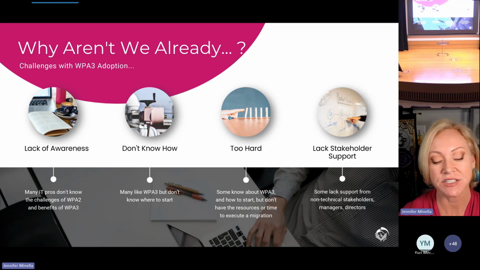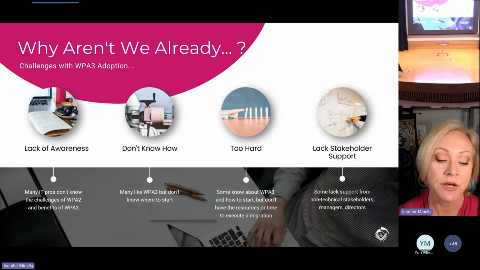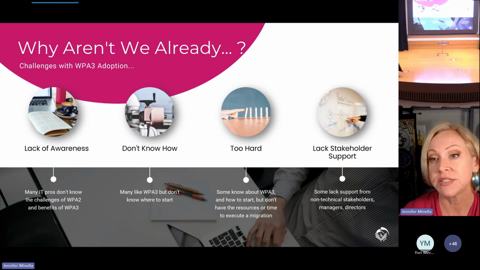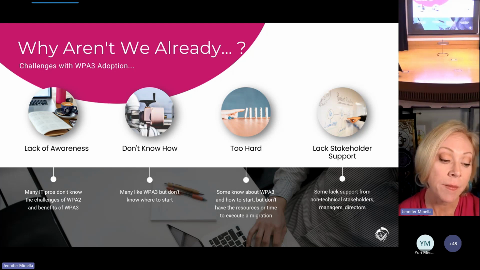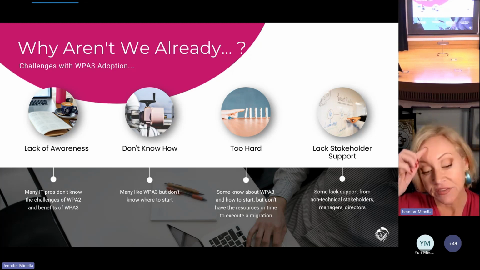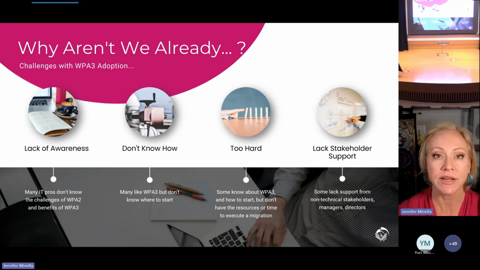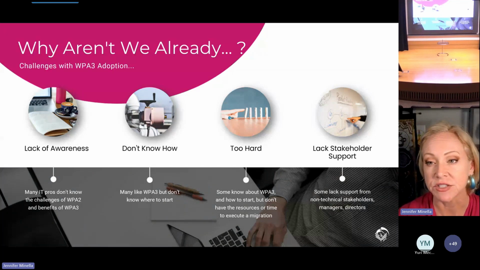So the next thing is maybe we're lacking the stakeholder support. So the people in our companies and our organizations, it could be your peers on your team, it could be your manager, it could be somebody higher up the stack that's not a technical person, that they're not willing to give you or your group the time and the flexibility and the leeway to handle a migration like this.